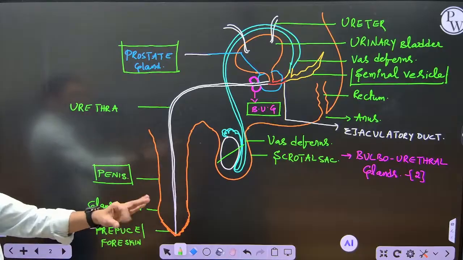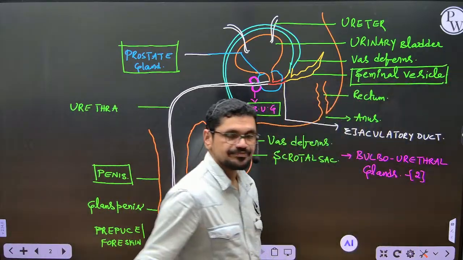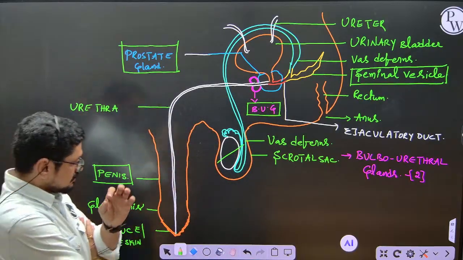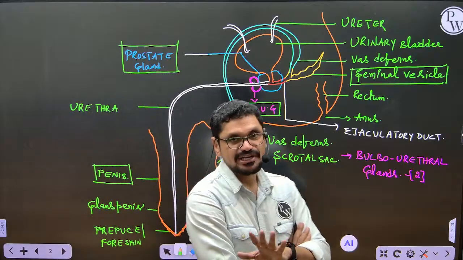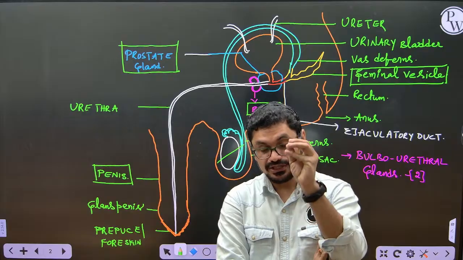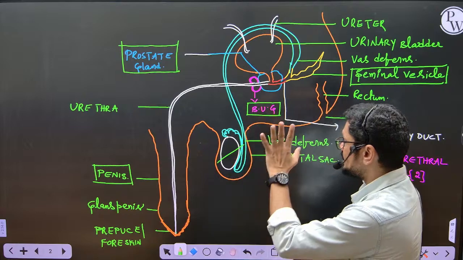Then the male reproductive system will be finished. Clear? Once again I am saying, my dear friends, in order to understand this class, you should first listen to the previous classes. Then it will be very clear.